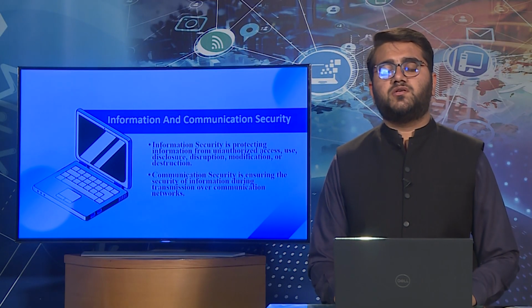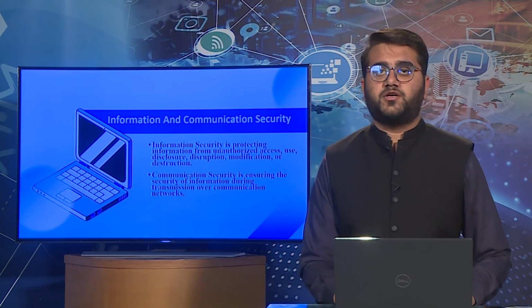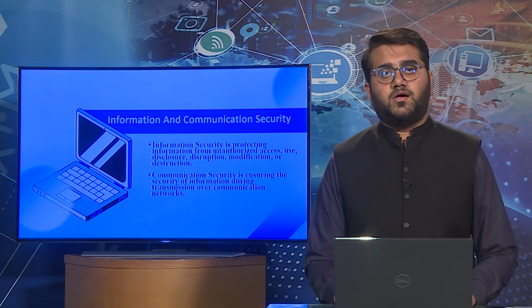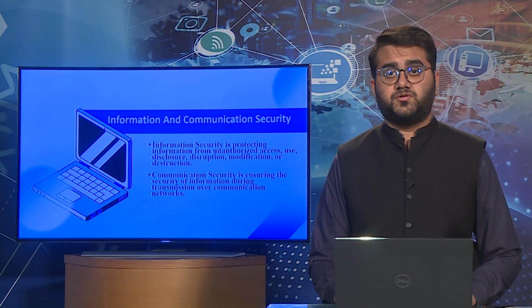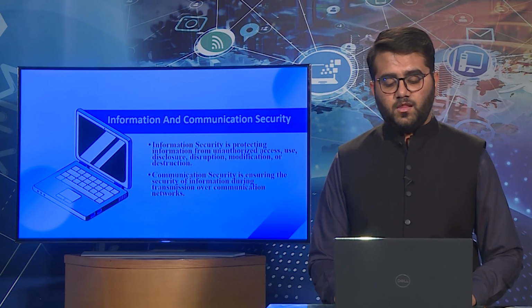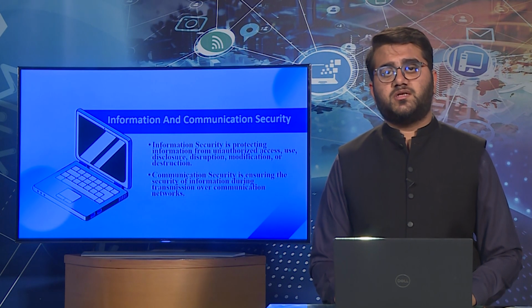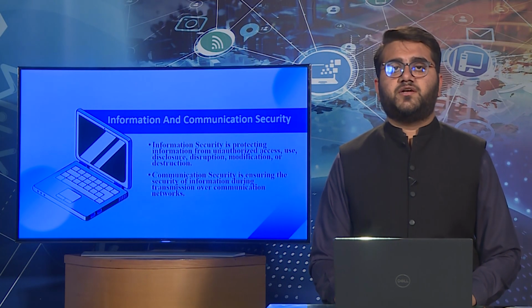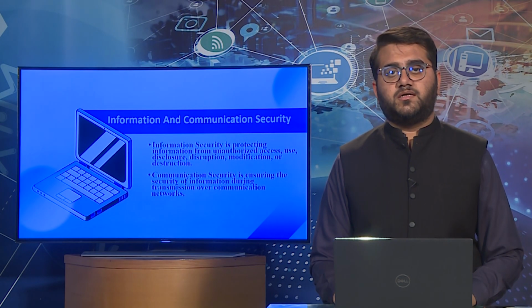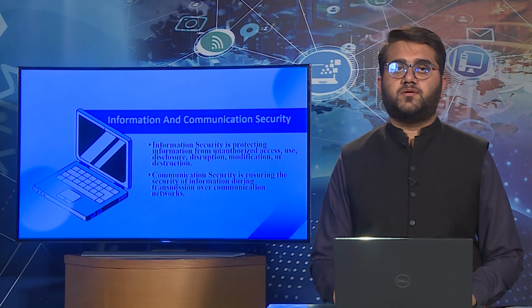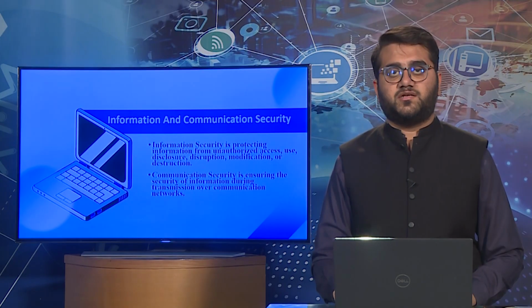This might be security related to emails, or to normal social websites or social applications that you use. It basically ensures that the information you are sending to a particular person or organization is secure and is not used by a malicious actor.